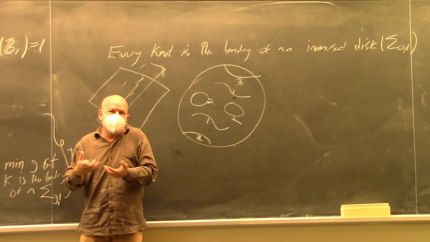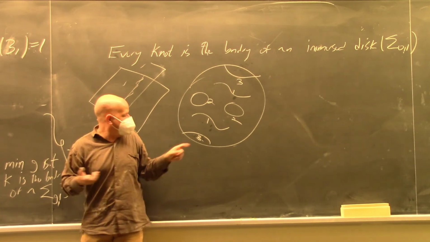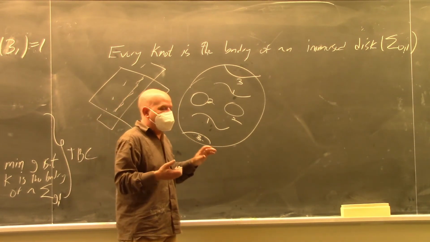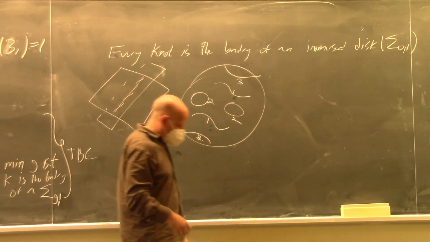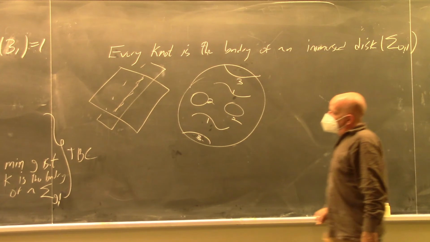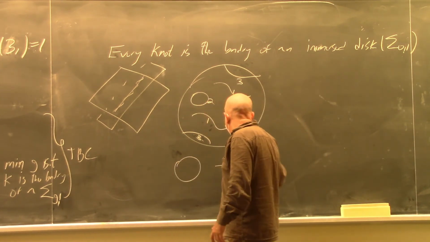Well, there are only two connected one-dimensional manifolds, and they can have boundary. There is the circle and the interval.